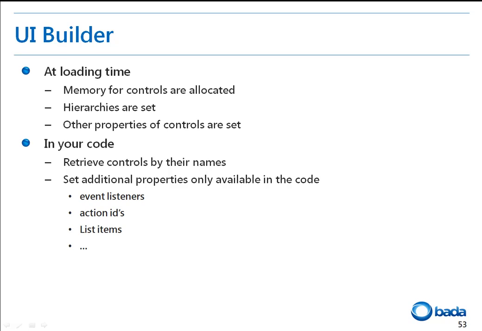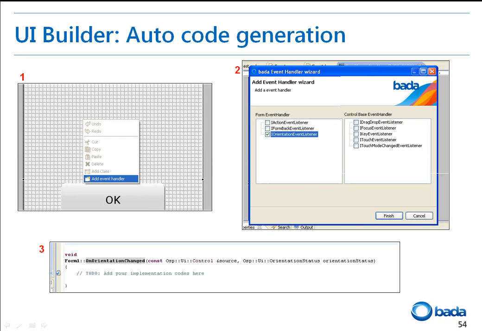To use these controls in the source code, you can get the pointer to the control using its ID, and, if necessary, you can set additional properties. For example, you can set the event listener or action ID and set the items for a list in the source code. The UI Builder can also be used to generate code automatically.